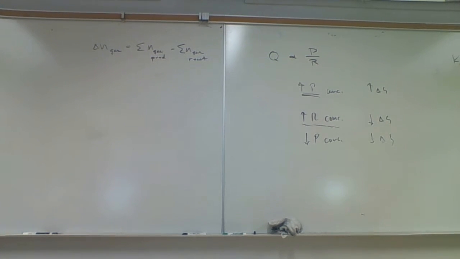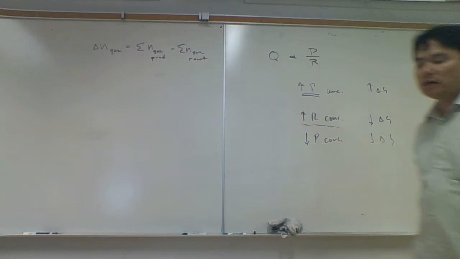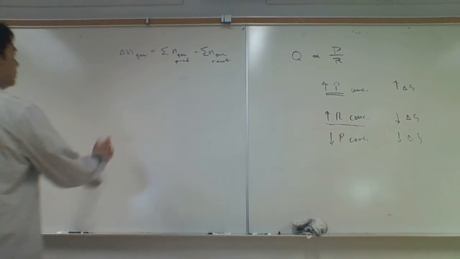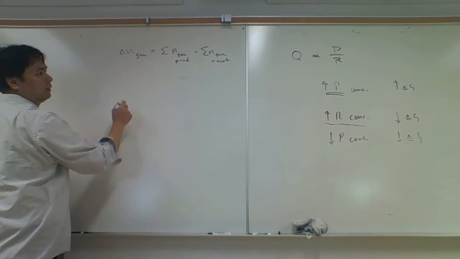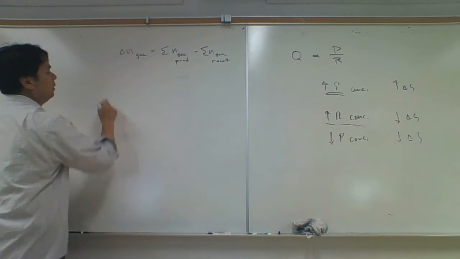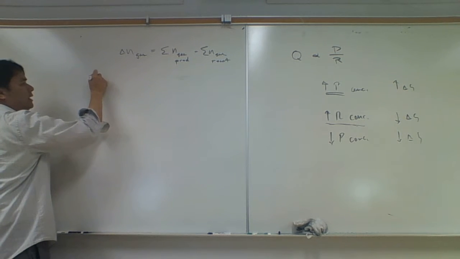For example, where did that 1.486 come from? That 1.486 came from experimental observations, and that's where a lot of K's come from. But if we're going to derive K from thermodynamics, then what we get is Keq.